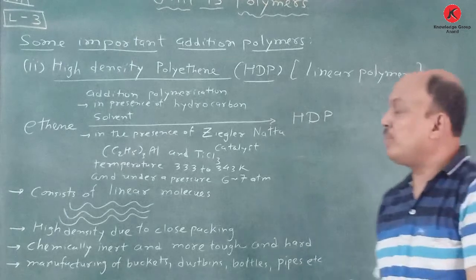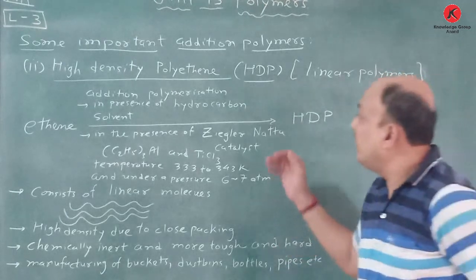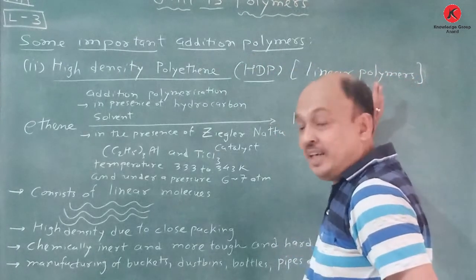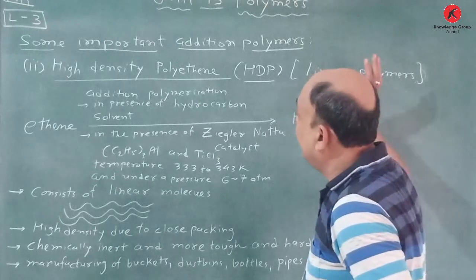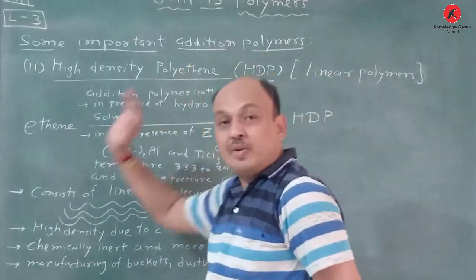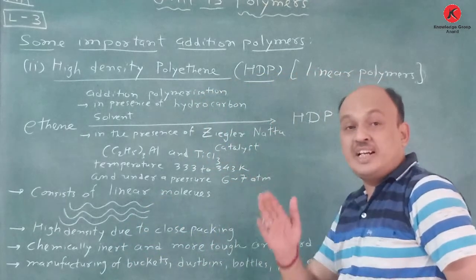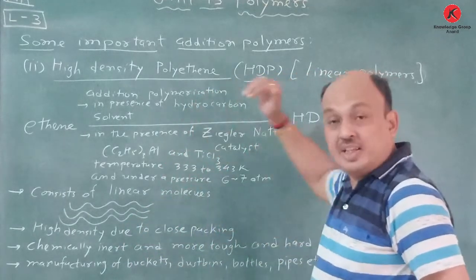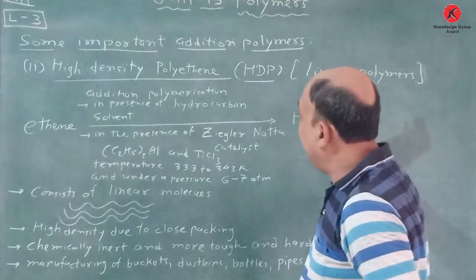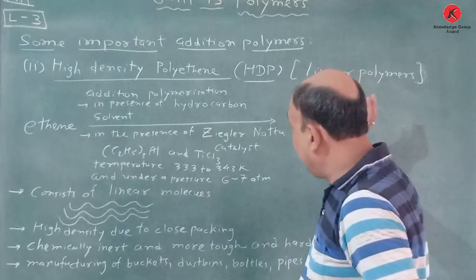Okay, suppose somebody asks for one difference between high density polythene and low density polythene. At that time you have to say that when low density polyethylene is considered, it is a free radical addition reaction, and hydrogen abstraction.